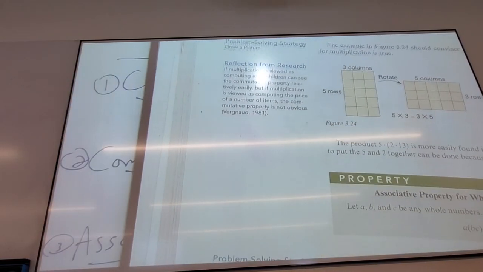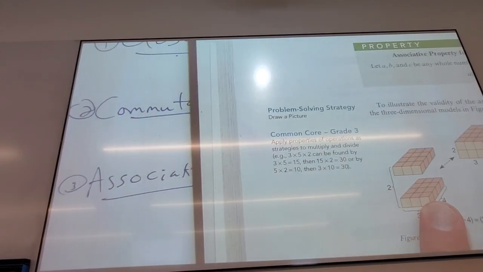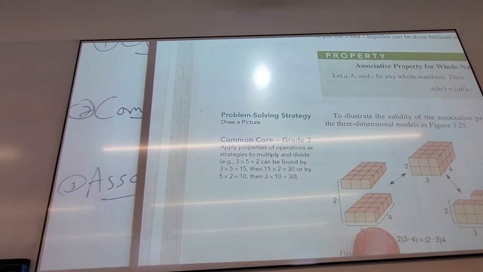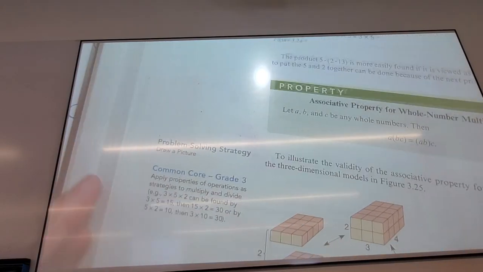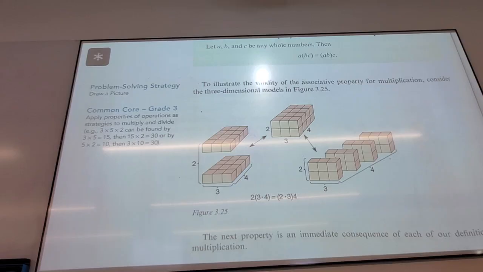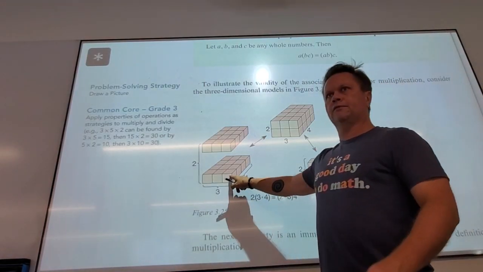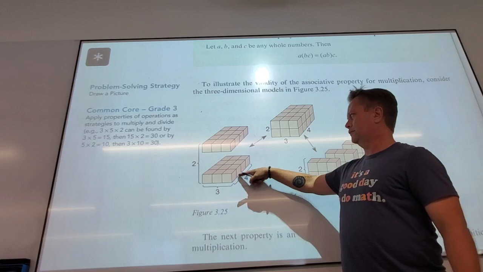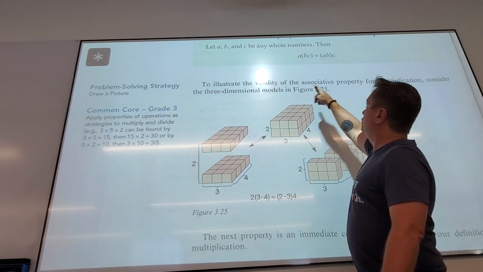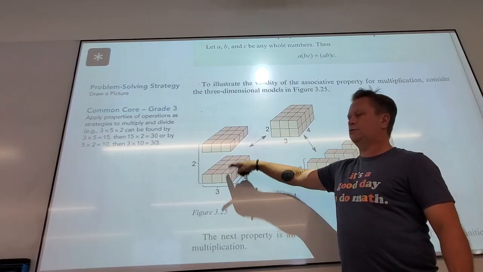All right, so real quick. That's 3 times 4 down there, yes? That's 3 times 4, yes? And if I want to do 2 times 3 times 4, I would just do 2 of those.